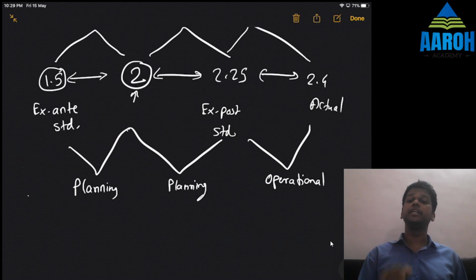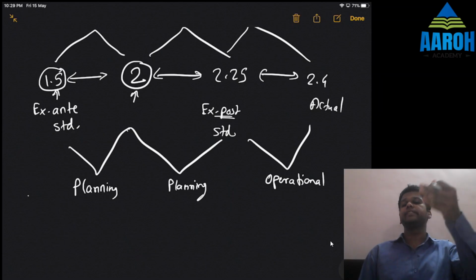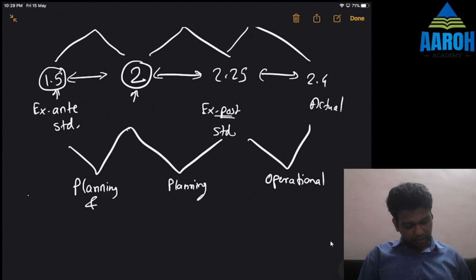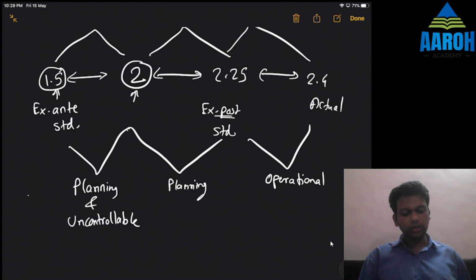Okay, however efficiently we operate, we can reach a maximum of 2. Below that we cannot go, because as per ex post standard, 2 was the minimum price of PD that was possible. Because see, 1.5 was not possible, it was not realistic, right? Because we did not know when we were setting ex ante standards what would happen. So this part is uncontrollable. Why uncontrollable? Because we had no control over this. Whatever we did, this 0.5 we could not have recovered.